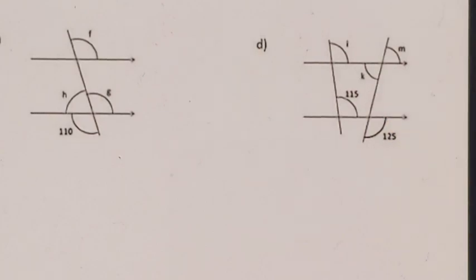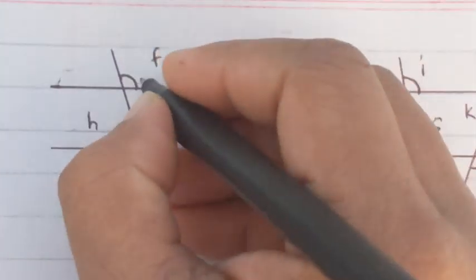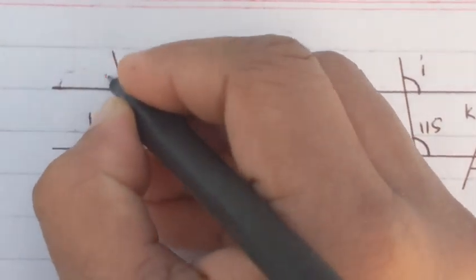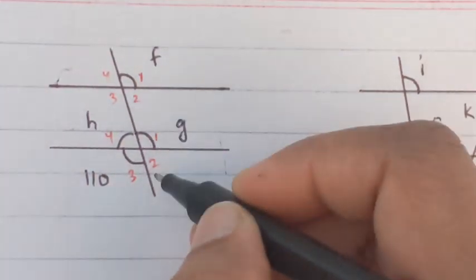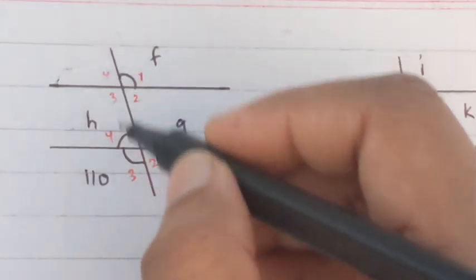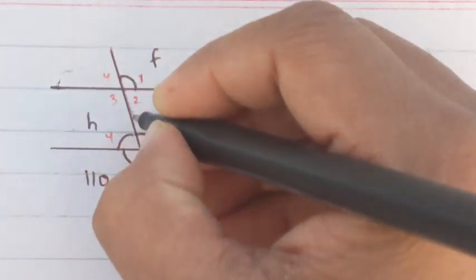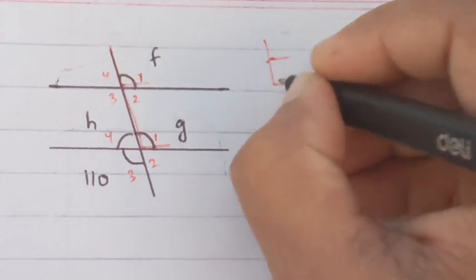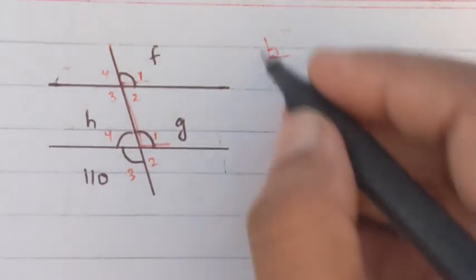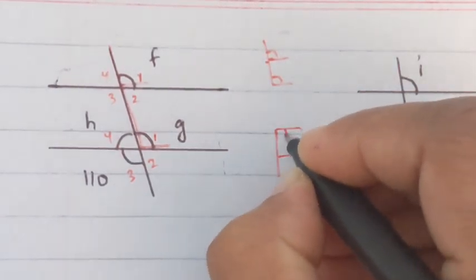So let's try to solve this one as well. To understand it better, let us mark the angles as 1, 2, 3, 4, starting from the same position. So angle 1 and 1 are corresponding, 2 and 2 are corresponding, 3 and 3 are corresponding, 4 and 4 are corresponding. For angle F and G, we use the letter F like this. For angle 2 and 2 we have this letter F like this.